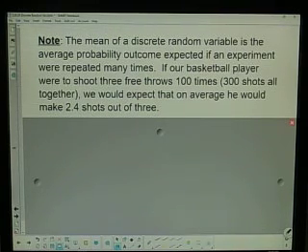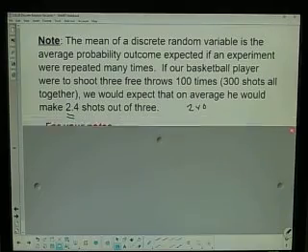If our basketball player were to shoot 3 free throws 100 times, okay, that's 300 shots altogether, we would expect that on average he would make 2.4 shots out of 3. Out of every 3 that he takes, we're expecting 2.4. So what would that be? If you do 100, 240 shots would be made if you shot 300 times.